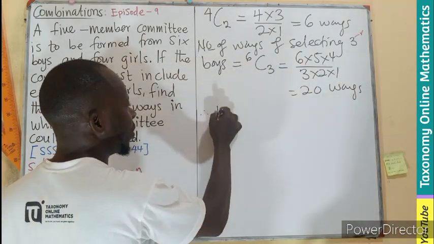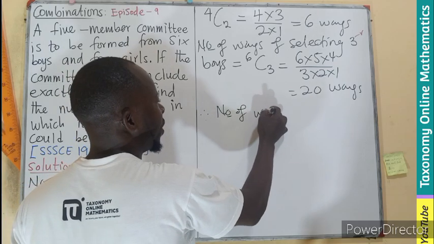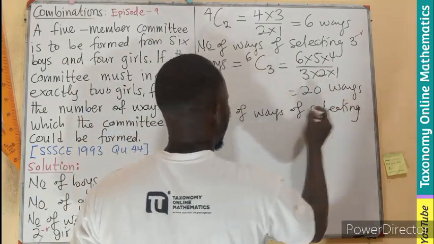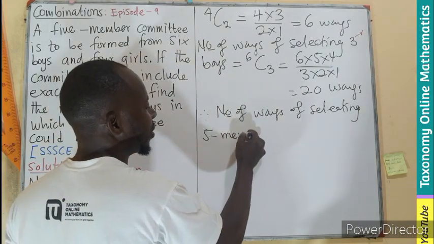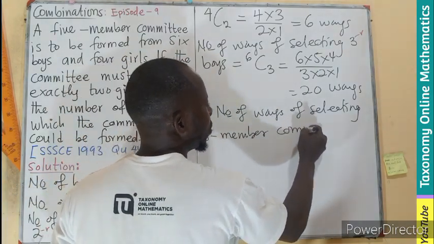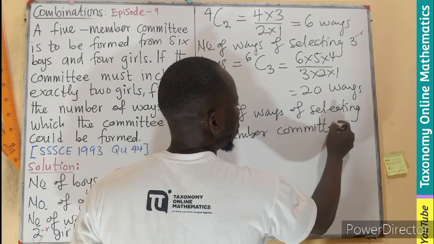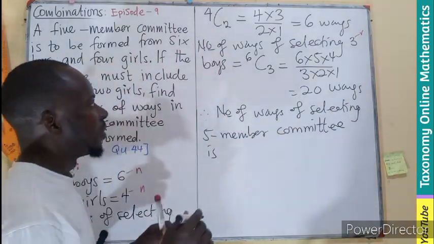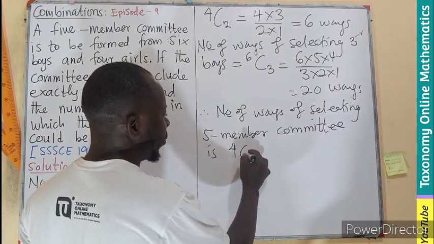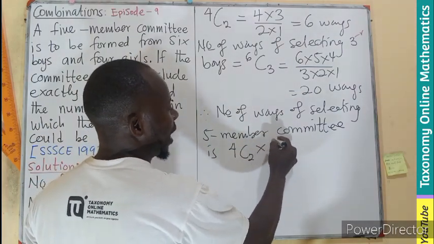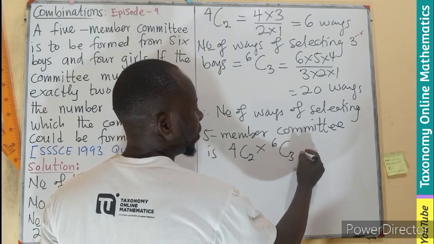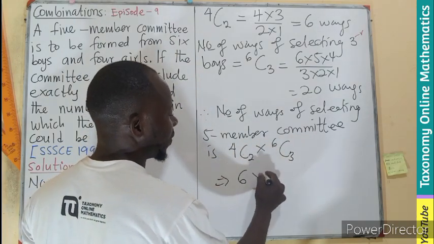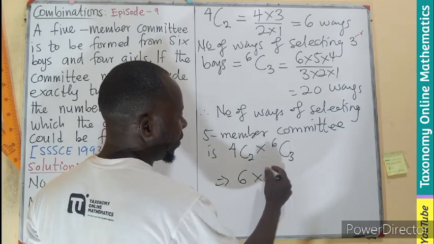So therefore, the number of ways of selecting the 5-member committee is going to be, the first one we have, 4 combination 2 times 6 combination 3, which in this case becomes 6 times 20.